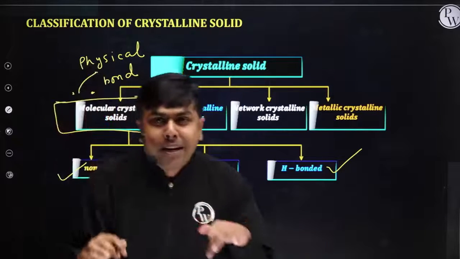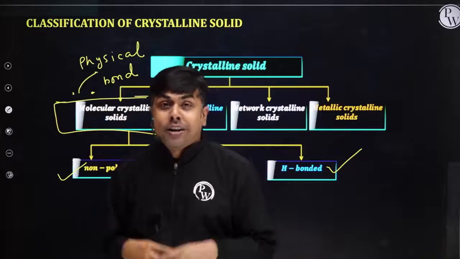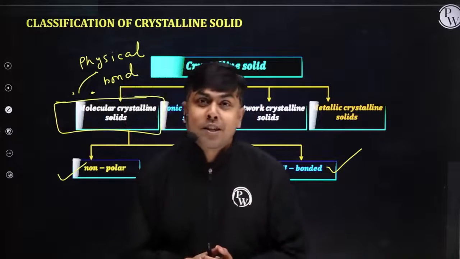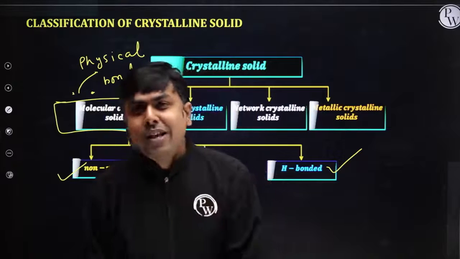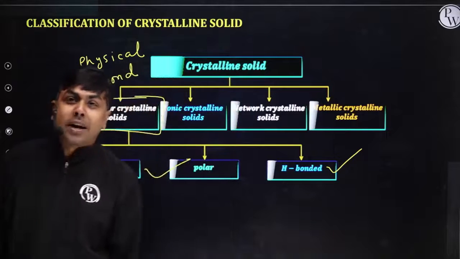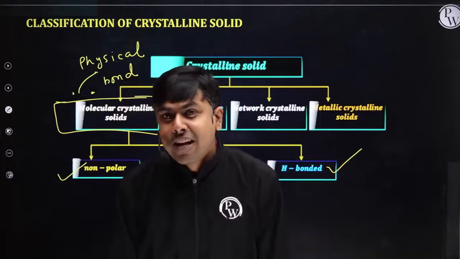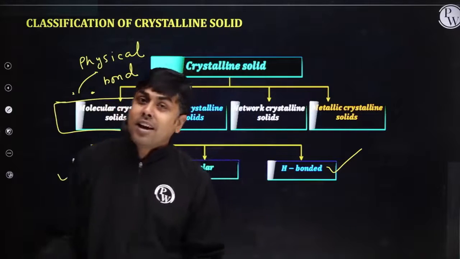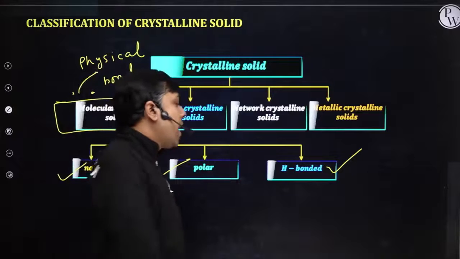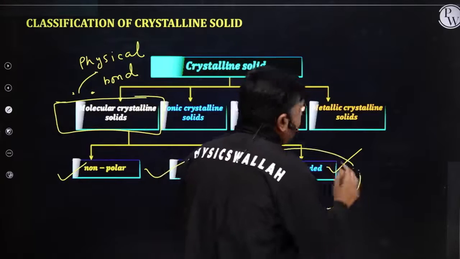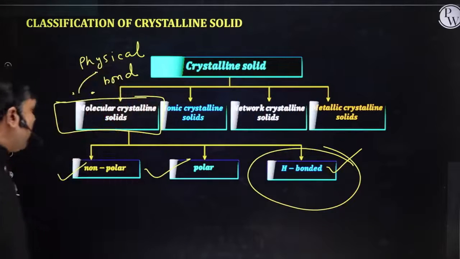Now, depending on the type of the constituent particles, we may have polar molecular solid if the constituent particles are polar, non-polar molecular solids if the constituent particles are non-polar, and we have H-bonded molecular solid, right? We'll discuss about this also.